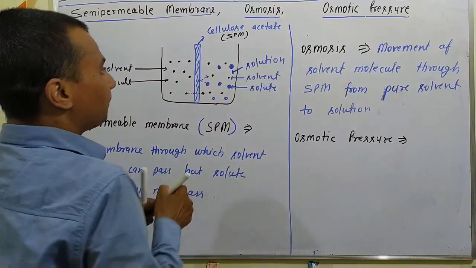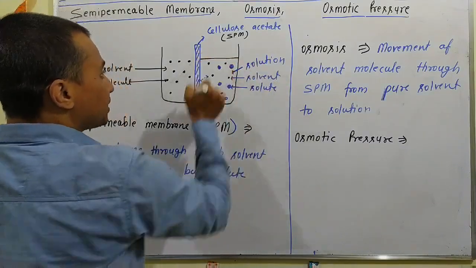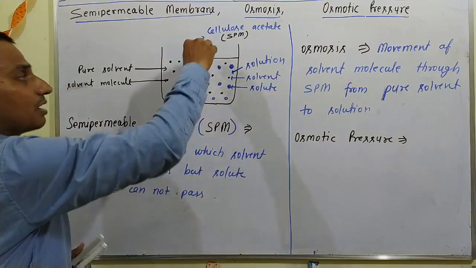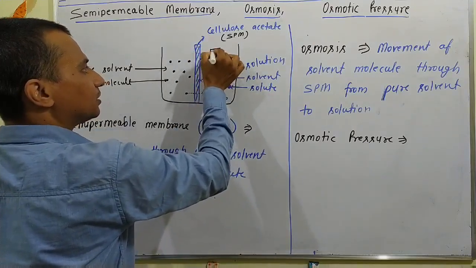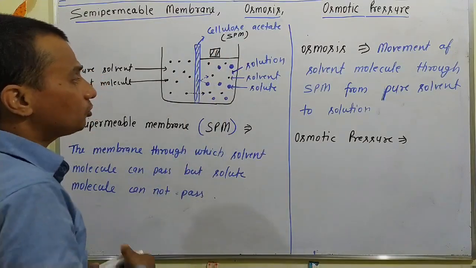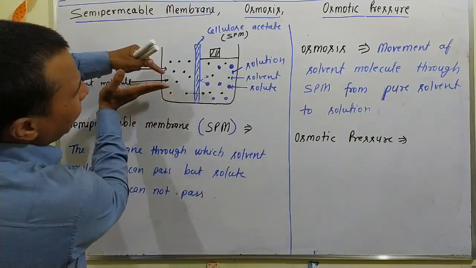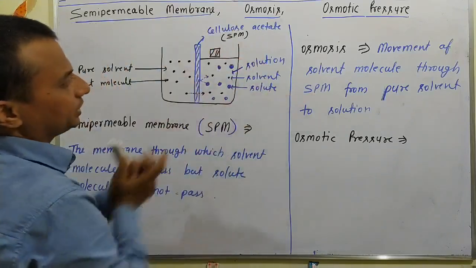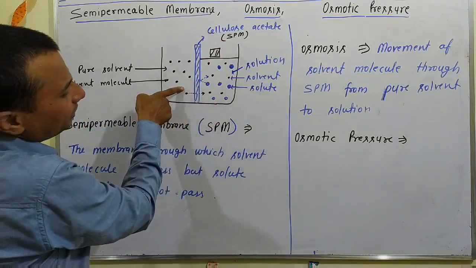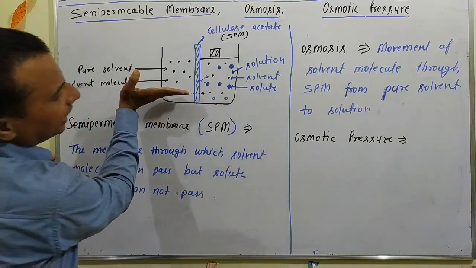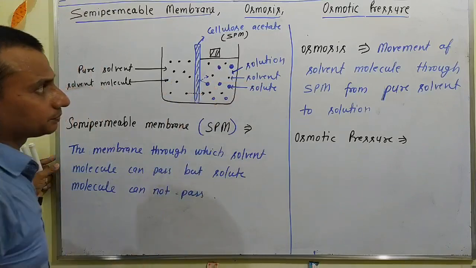If we apply some pressure on the solution, then the solvent molecules cannot pass through it because there is a pressure. So solvent molecules cannot pass from pure solvent to solution.